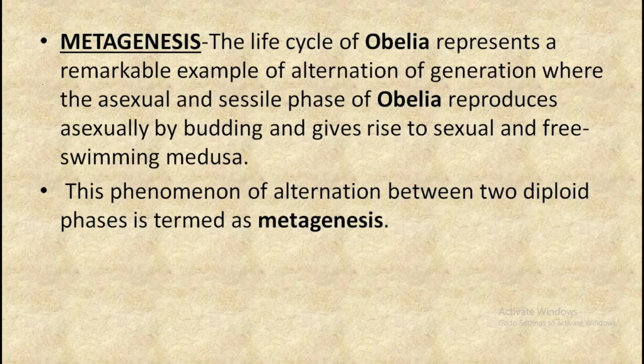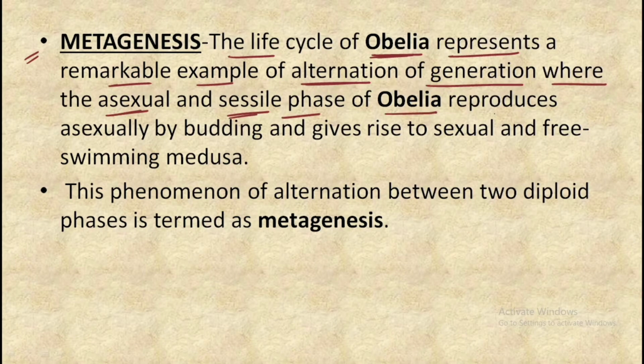The second type of body structure or phenomenon is metagenesis. Metagenesis is the life cycle of Obelia that represents a remarkable example of alternation of generation, where the asexual and sessile phase of Obelia reproduces asexually by budding and gives rise to the sexual and free swimming medusa.